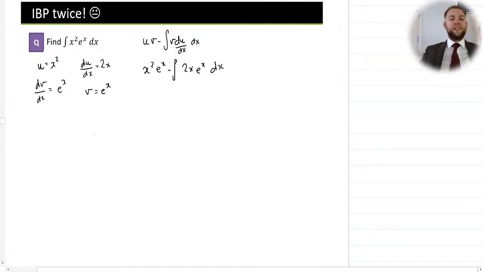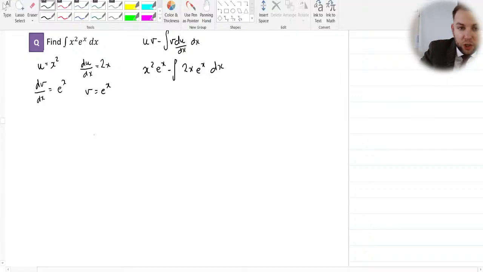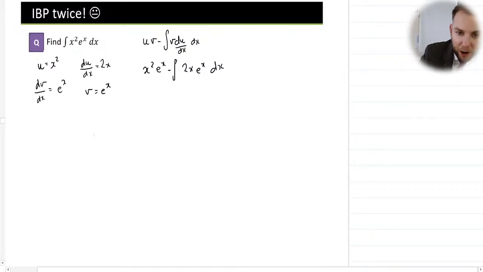Now you think to yourself, I've got to a stage now where I can't integrate that. You've got to use integration by parts again for this part here. Okay, you've got to integrate that by parts again.